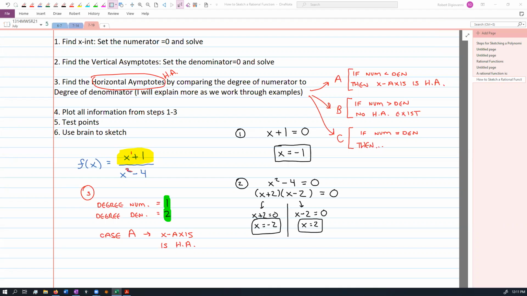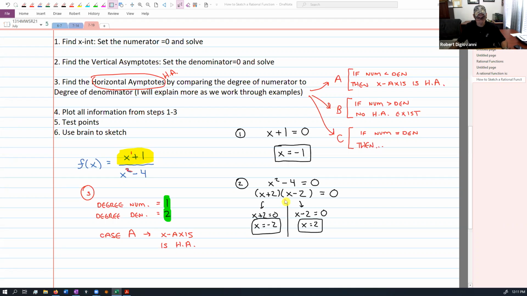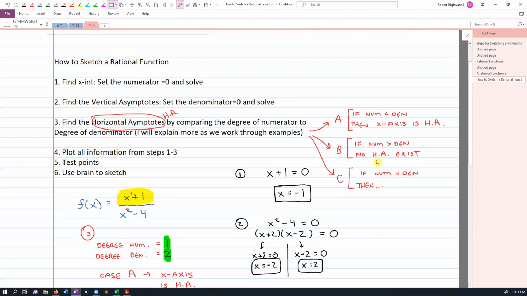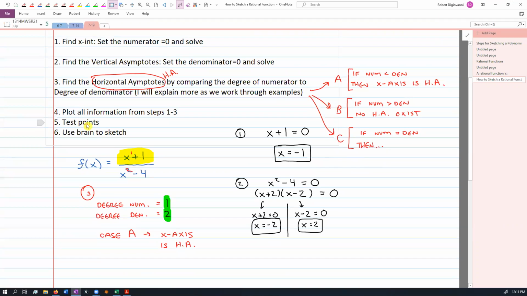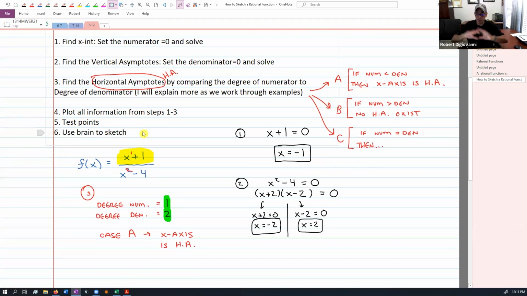Okay, all right, Katrina, I think you've already participated, but what's step 4, Katrina? To plot the points. Plot all the information, right? We got to put everything we gathered together, right? Okay, this is a critical step because Katrina, you have to know what we're drawing on the graph.